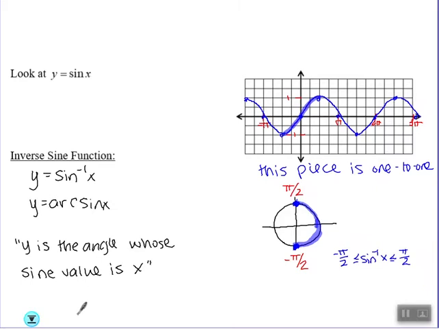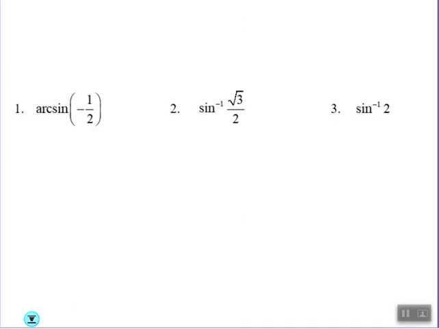Let's look at a couple of examples. If we want to know what is the arcsine of negative 1/2, we need to first think about the unit circle and think, where is sine negative 1/2? Well, that would be here and here.